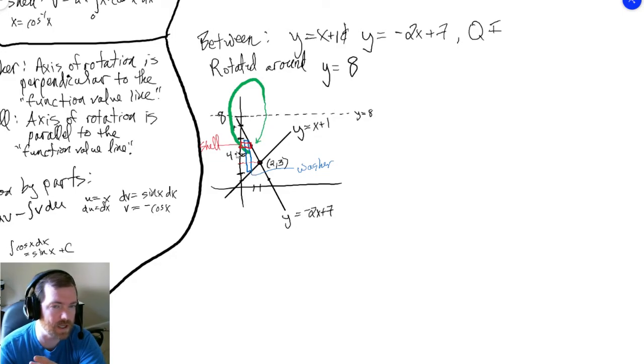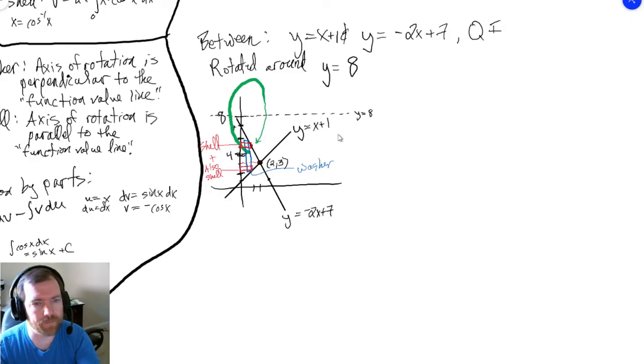They're both going to use the y-axis as part of the integral that we're going to find, but the function then becomes piecewise. So we'd have to add those two up.